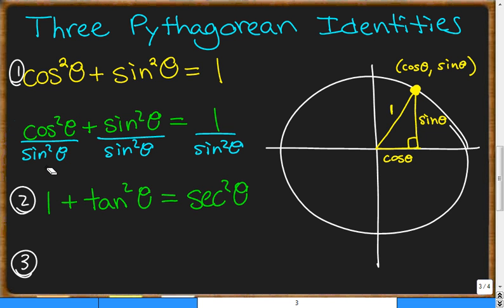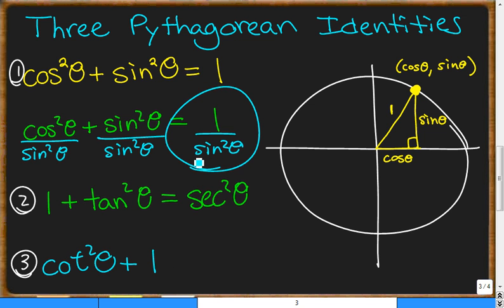If we think about what cosine over sine is, that's cotangent. We get cotangent squared. Sine squared over sine squared, just like in the problem before, it's the same thing over itself, so it equals 1. And then finally I have equals 1 over sine squared. Well, 1 over sine is cosecant, so 1 squared, which is still 1, over sine squared is cosecant squared.